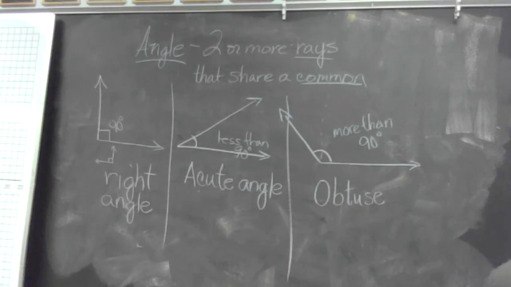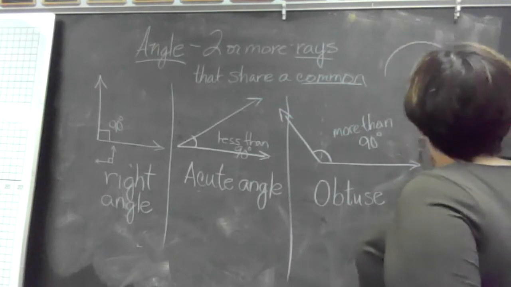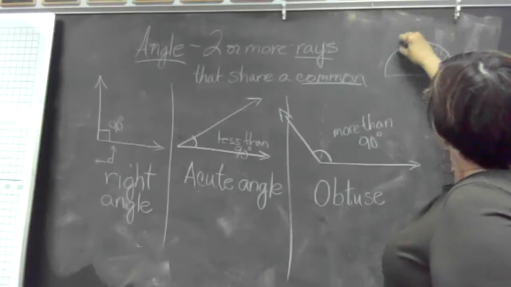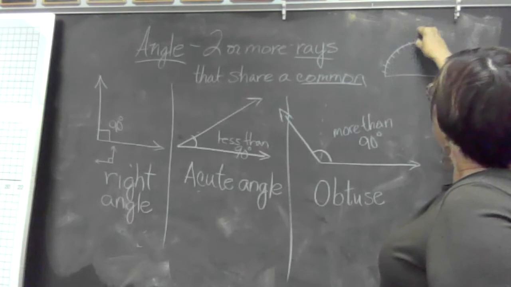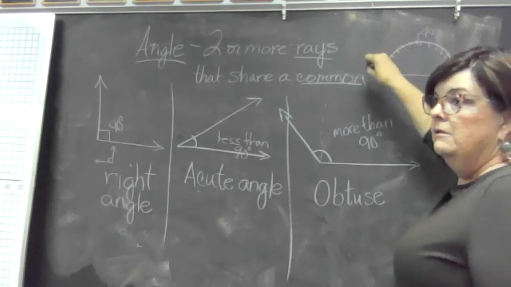But guess what? We also have a little tool that we're going to use called a protractor, and it will help you measure your angles. You'll get to practice measuring your angles. It looks like this. It's a protractor like this, has a bunch of degrees. It has 180 numbers around here, okay?